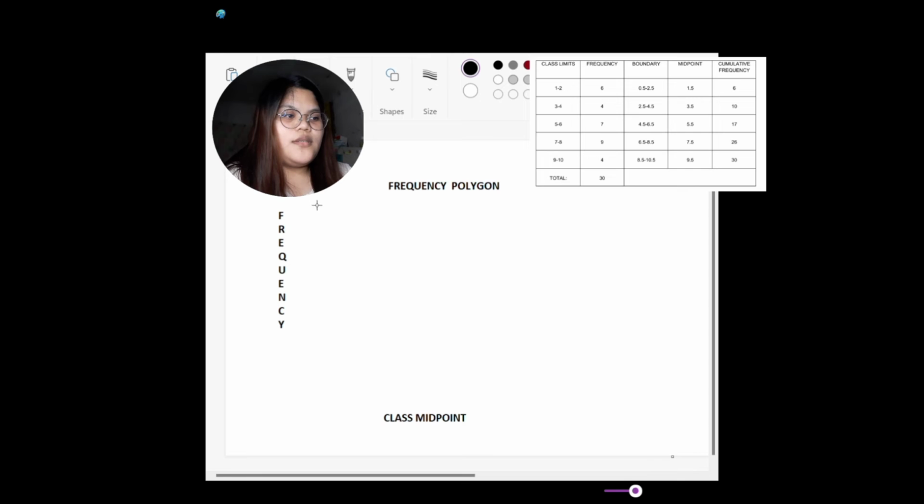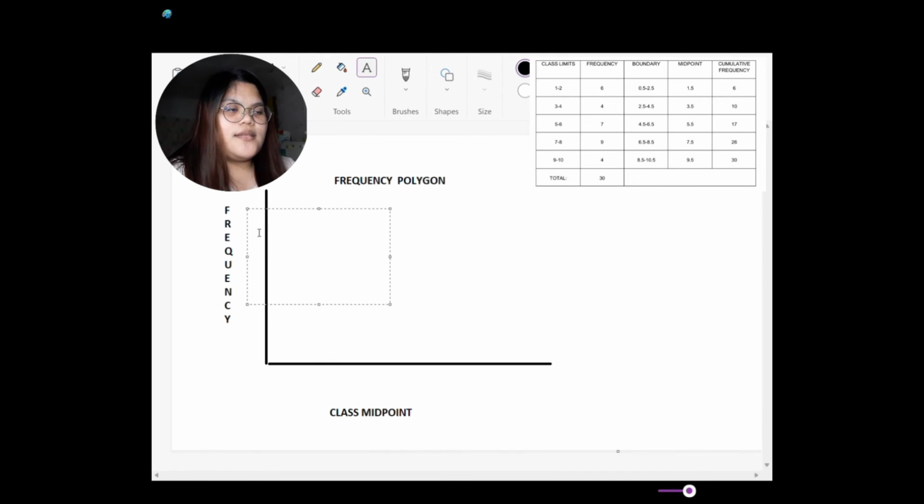So first, we draw a vertical line for the y-axis and then a horizontal line for the x-axis.